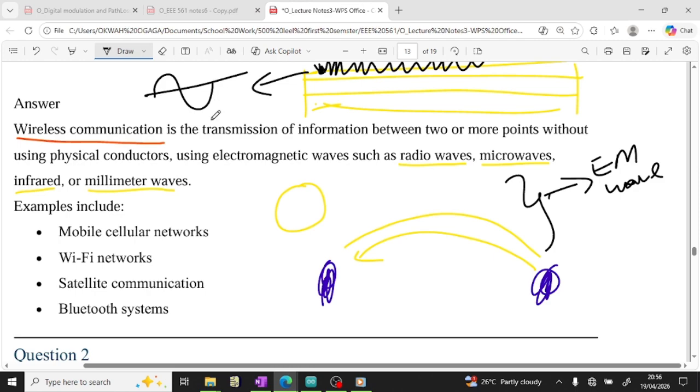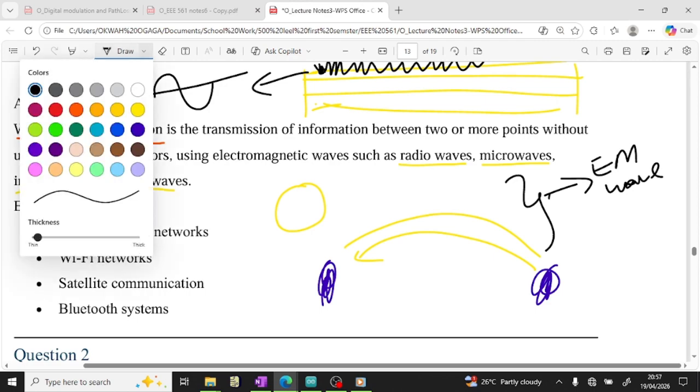So how many of these can you do inside 1 second? That's frequency. Each wave has a particular frequency that's different from the others. All this is to explain what wireless communication uses, since it does not make use of physical conductors.